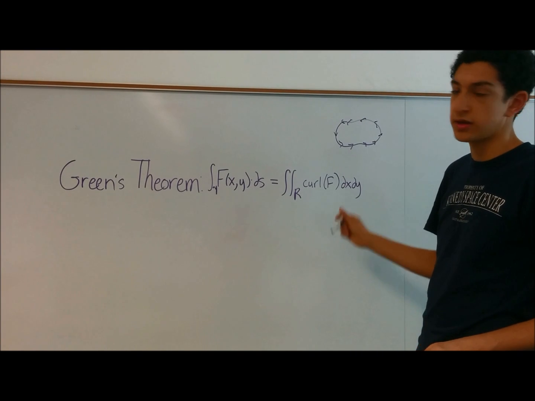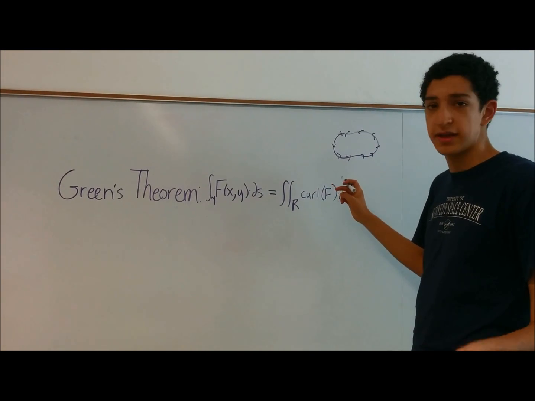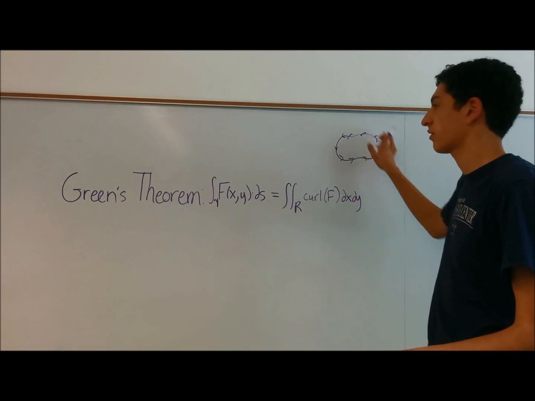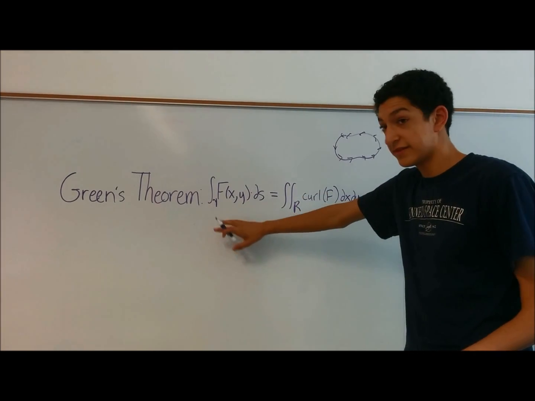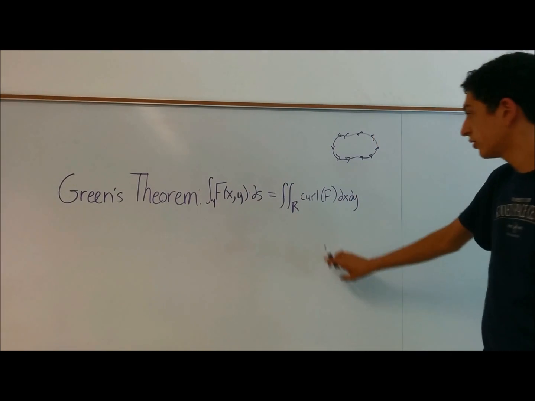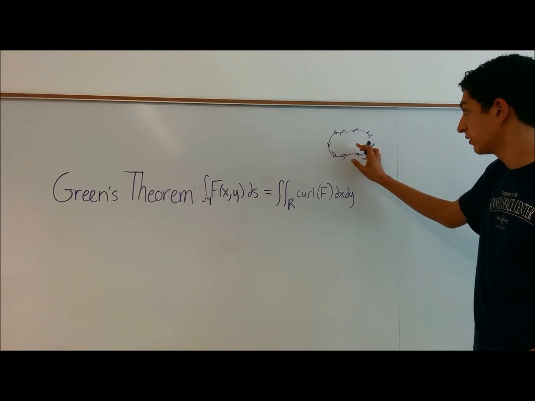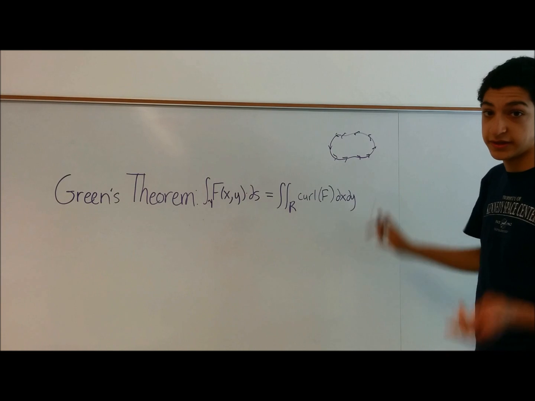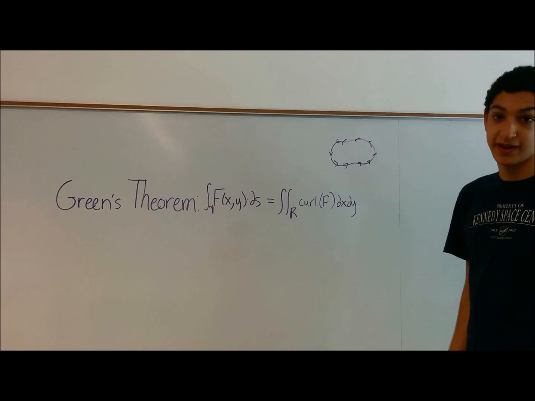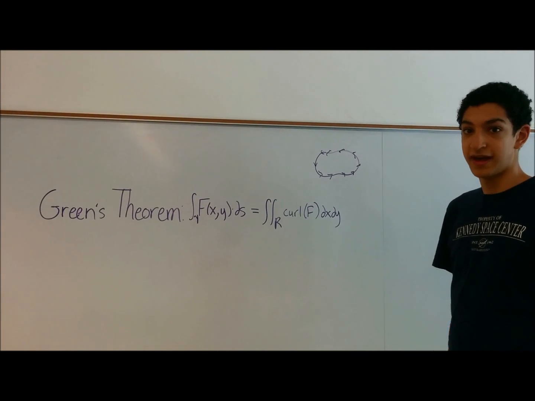So it basically is, in simple terms, how much of the field moves along the path. It equates that, the circulation, to the curl of the vector field that this shape is in, times the area of the shape. This is very useful to anyone trying to find the area of any two-dimensional shape, as we are doing.